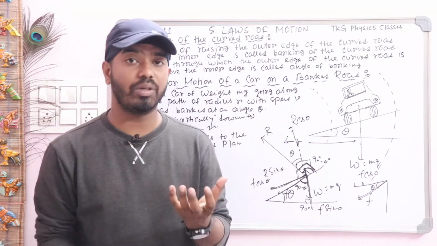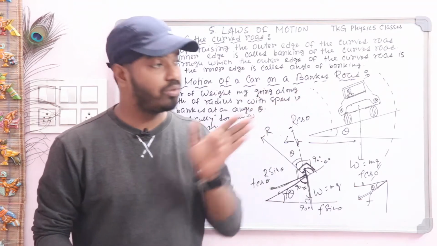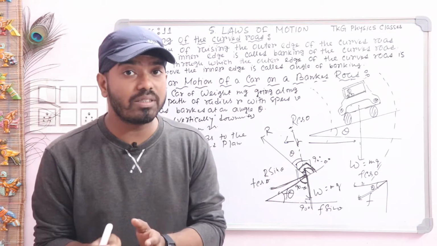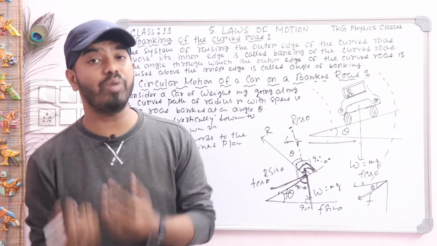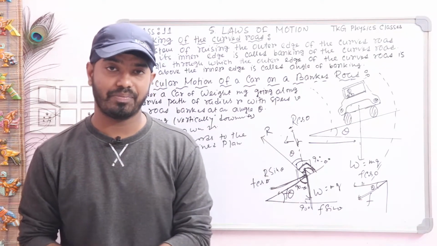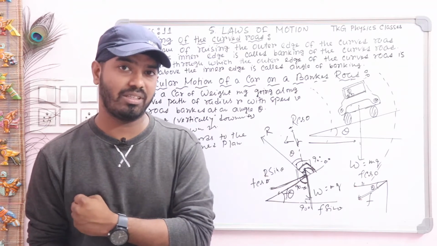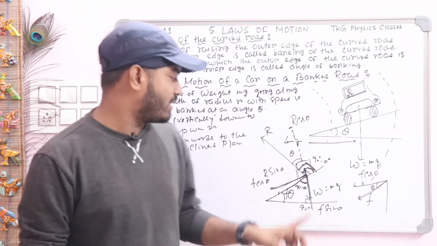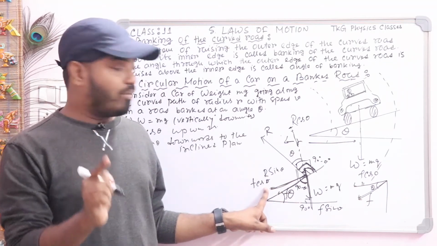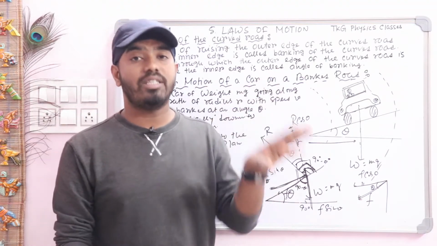You can see it another way too: when the car takes a turn, there is a centrifugal force directed outward. So which force equals the centrifugal force? Check the inward forces towards the center: R sin theta and f cos theta. The sum of R sin theta plus f cos theta equals the centripetal force.